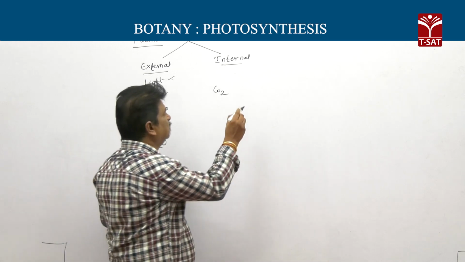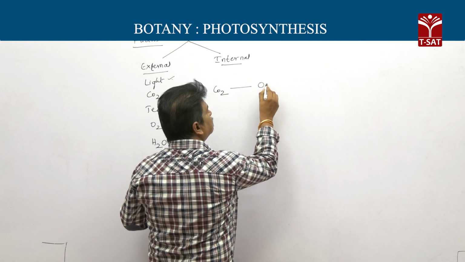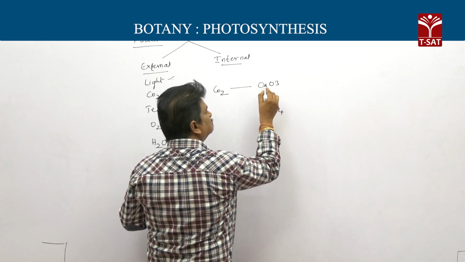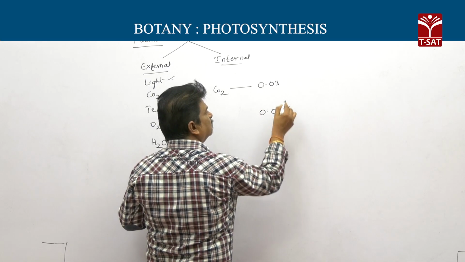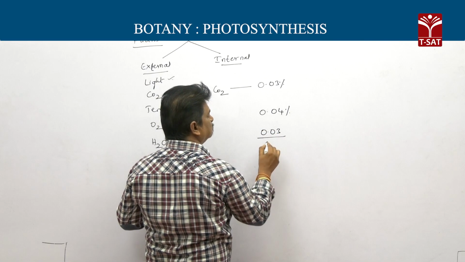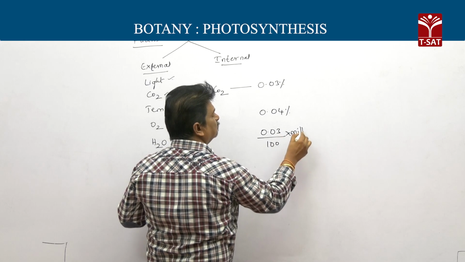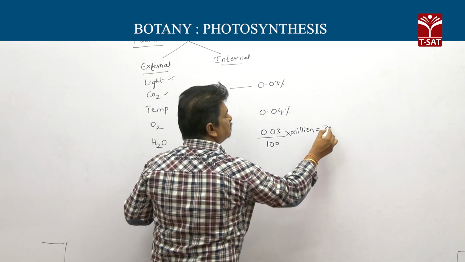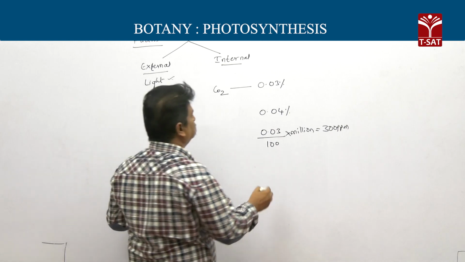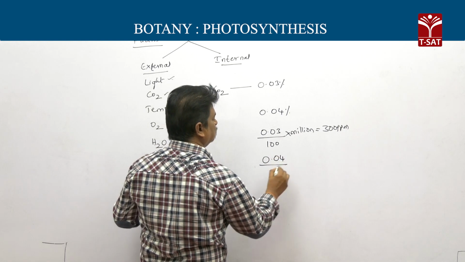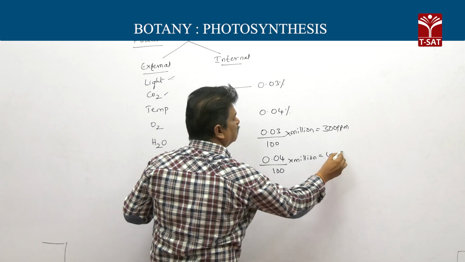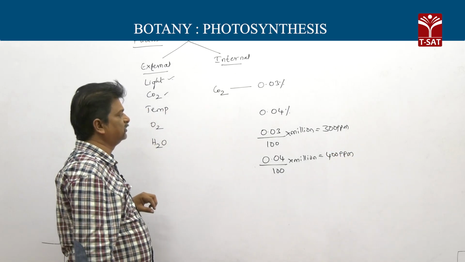Then the point is, the atmosphere contains 0.03% or 0.04% carbon dioxide. 0.03 by 100 into a million forms 300 ppm of carbon dioxide, and 0.04 by 100 into a million forms 400 ppm of carbon dioxide.